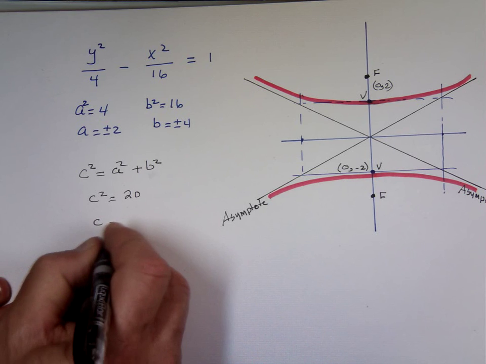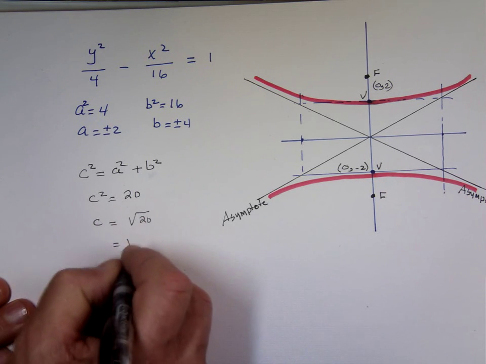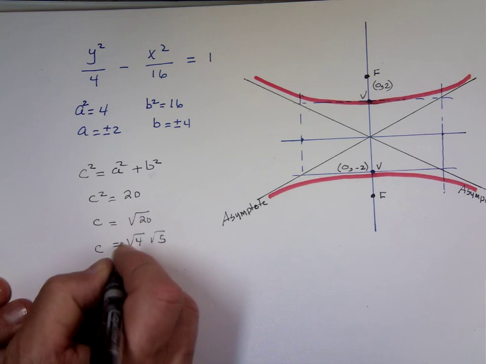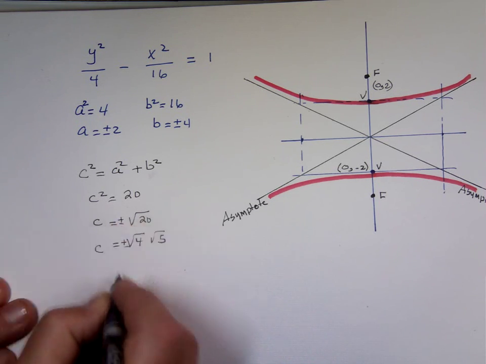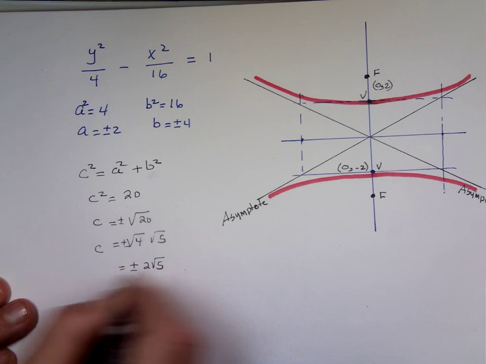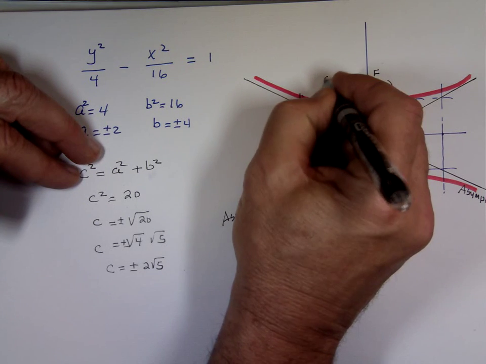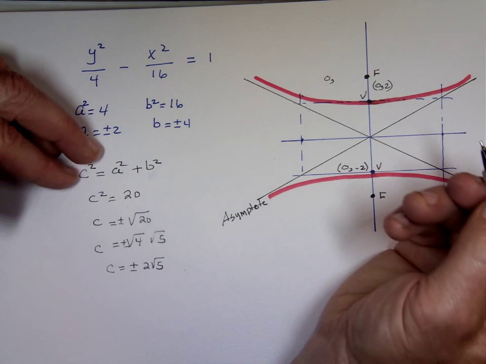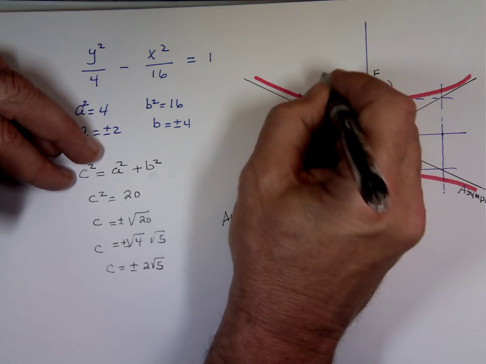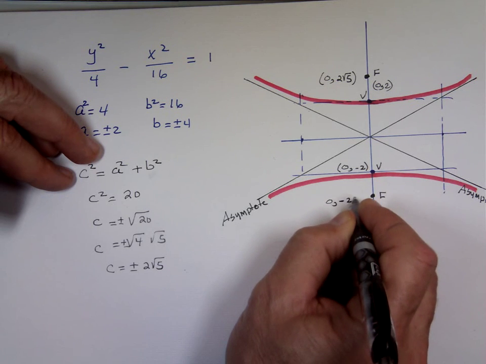C equals the square root of 20. 20, you can break it down to 4 and 5. 2 the square root of 5. So one of them is going to be 0, comma, the x value is 0, the y value, 2 the square root of 5. And the other one, 0, comma, negative 2 the square root of 5.